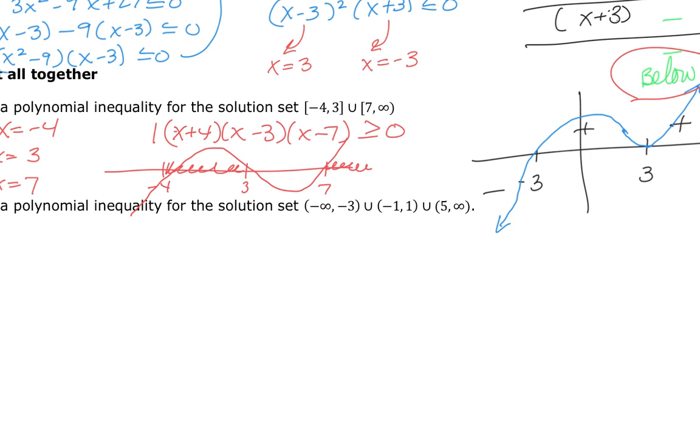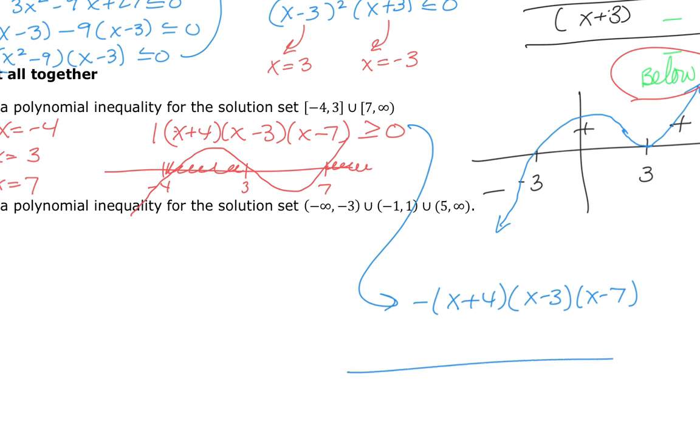Now, if I took this polynomial inequality and put a negative 1 there, then when I had x plus 4, x minus 3, and x minus 7, if I put this on a number line, again, from negative 4 to 3, and then 7, and this is my region, and this is my region.